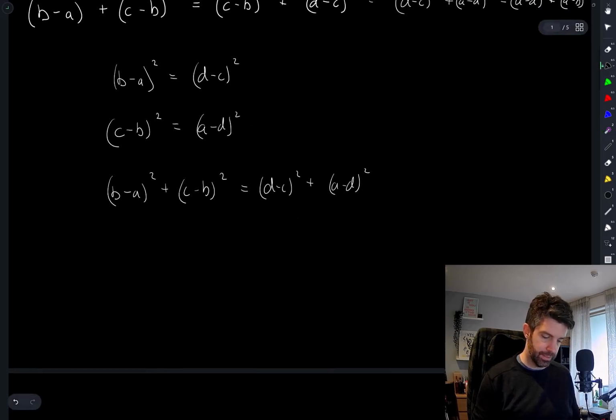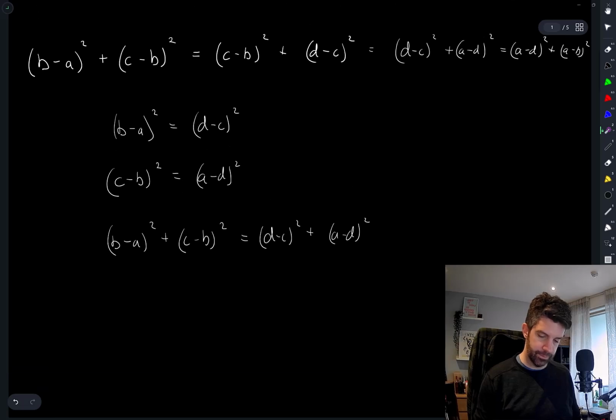What happens if I make some substitutions? I have this third equation. I know (b minus a) squared is (d minus c) squared. So in fact, if I enforce these two, that already guarantees this is true.